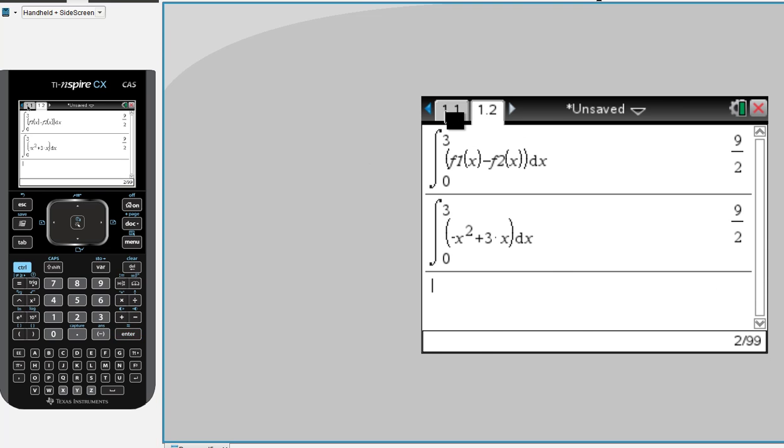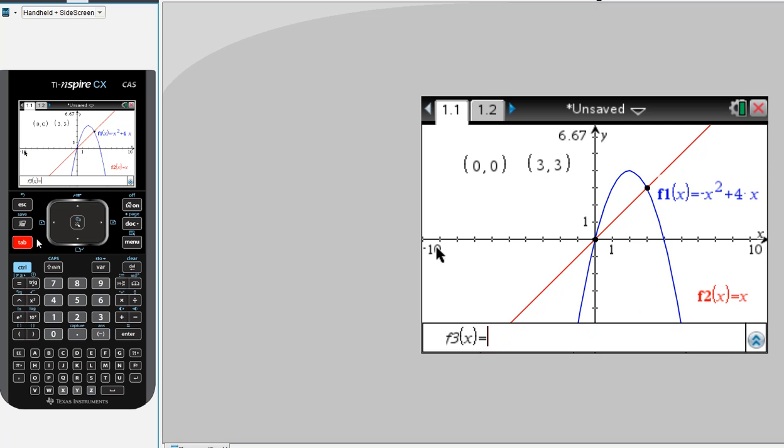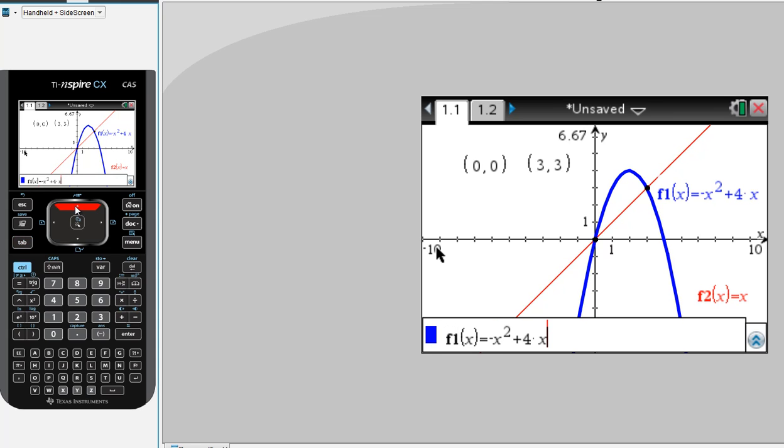Now, one thing we have to understand, that if we take an upper function minus the lower function that is lower here in the graph, the area is always going to be positive. So it doesn't matter if this area is above the x-axis or below. So let's actually try that to see what happens.